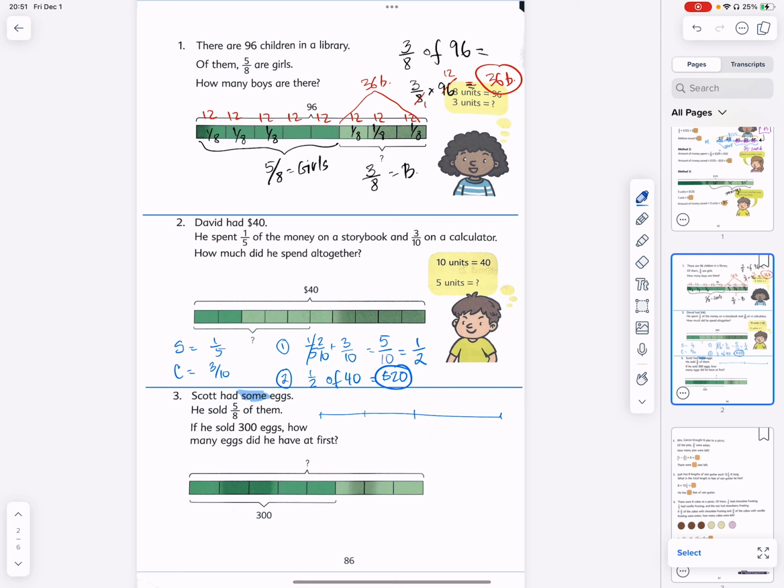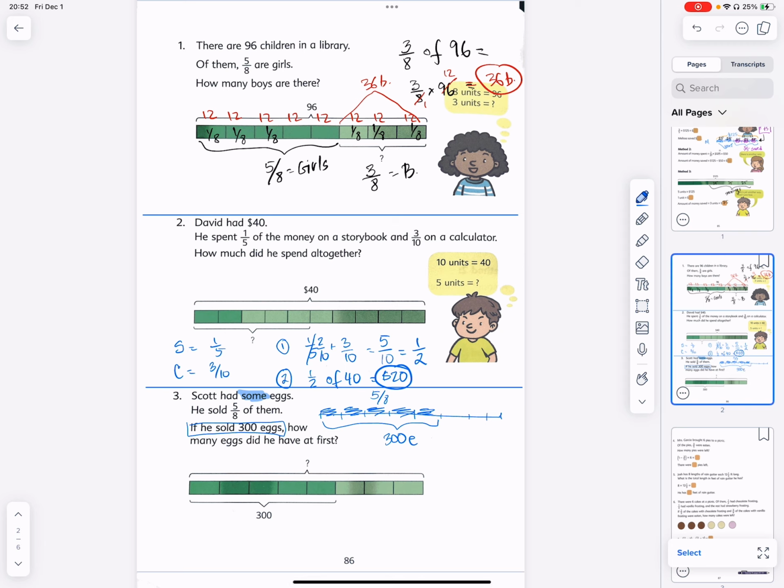Here's my 2 parts, 4 parts, 8 parts. And he sold 1 out of 8, 2, 3, 4, 5 out of 8. This is the fraction 5/8 he sold, which is equal to 300 eggs. E for eggs.